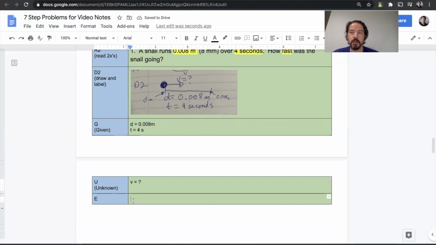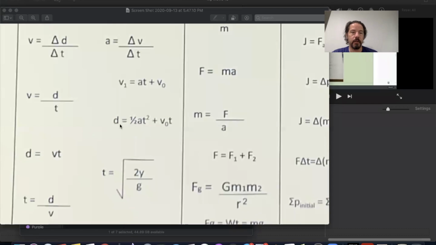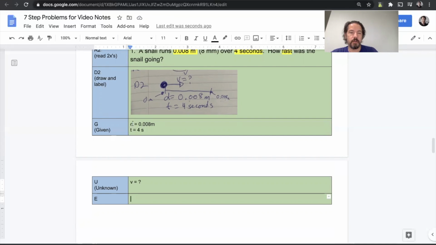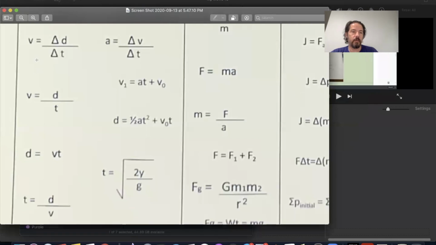My equation. Let's go to our equation sheet real quick. I have velocity equals something with time and distance. Well, it's right there. Velocity equals distance divided by time. Because remember, we wrote d2 minus d1. Do we have two distances?